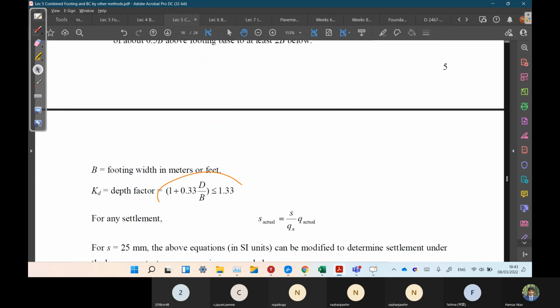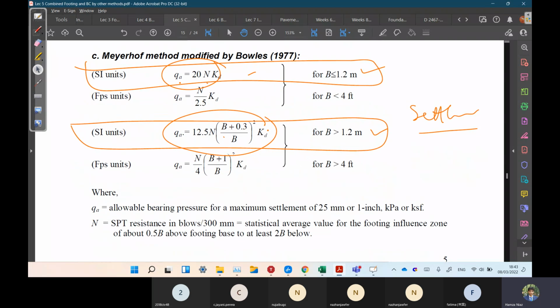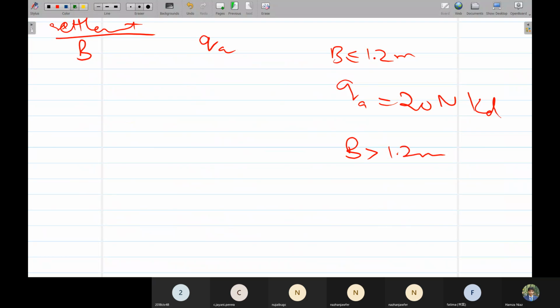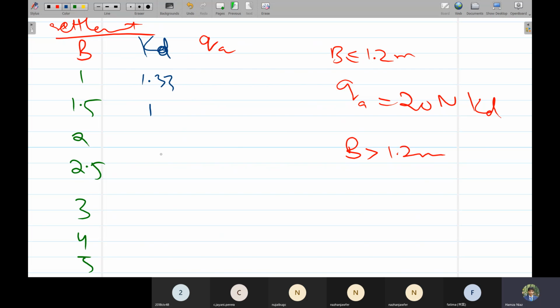It is the depth factor, and it is 1 plus 0.33 D over B. It cannot be greater than 1.33. Simply put the values here. Again, assume some values of B. We are assuming these values, and you can also make a column for Kd. So in the Kd column, the values would be 1.33, 1.33, 1, something like that. And find the Qa values, and the trend would be like this.